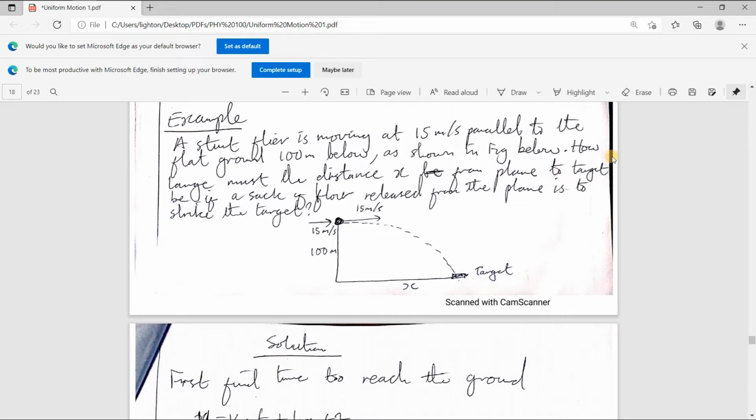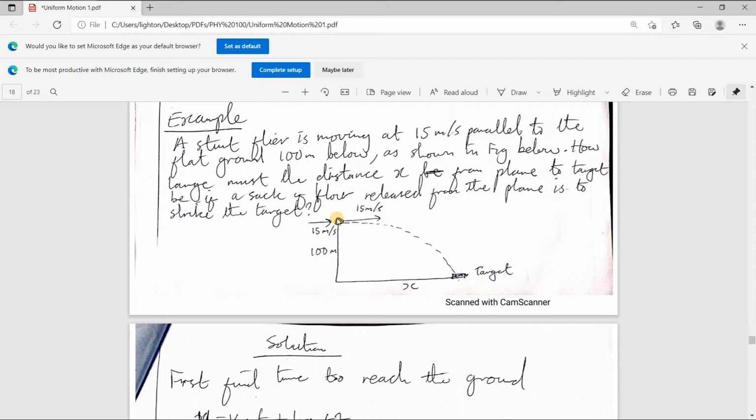Okay, let me just read that again. How large must the distance x from plane to target be if a sack of flour released from the plane is to strike the target? So it wants to strike this target from this point here.